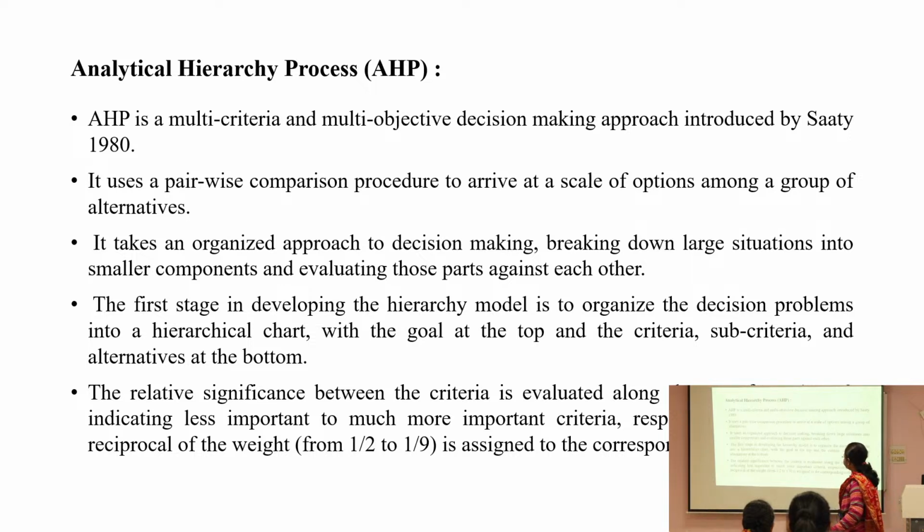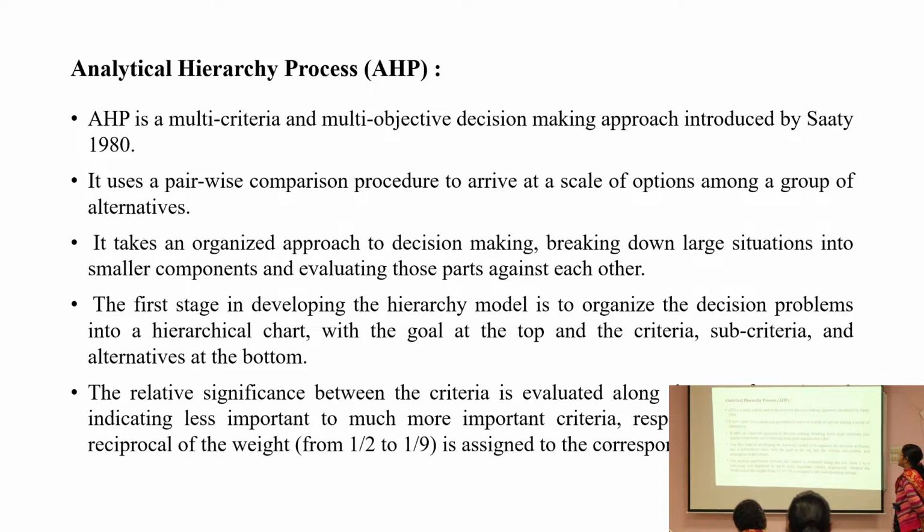Okay. So here, see, the first stage in developing the hierarchy model is to organize the decision problems into a hierarchy chart. The goal is at the top and the criteria, sub criteria, and the alternatives at the bottom. So the most sensitive parameter will be first, then all the parameters will be reduced and go to the bottom.